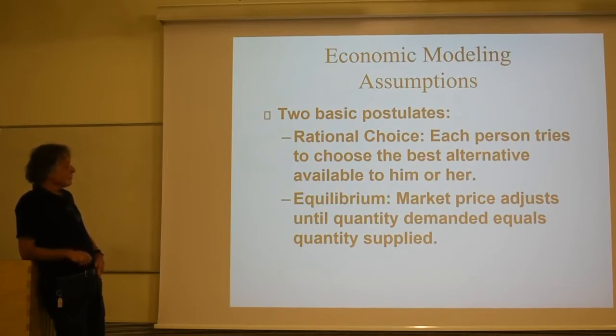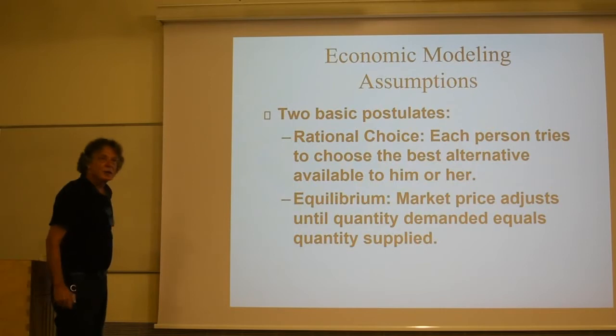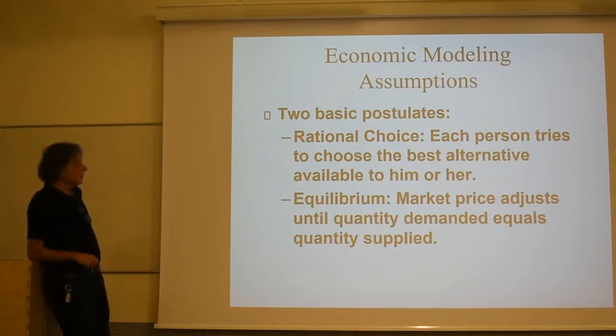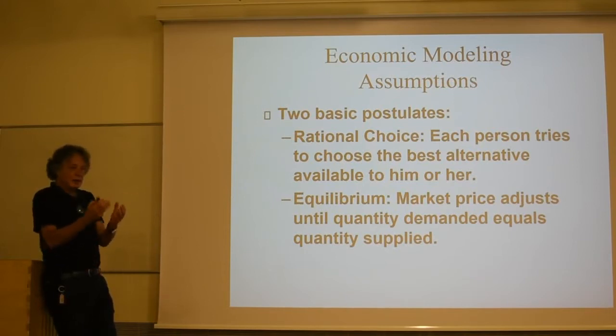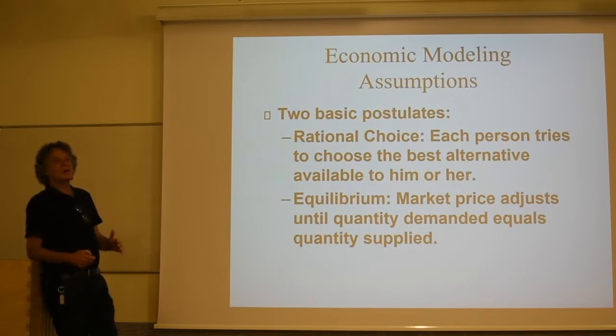Next, equilibrium. Market price adjusts until quantity demanded equals quantity supplied. On that topic, you talked quite a bit about that in your Eco 108, I'm sure, but let me say the following. We assume that market prices are flexible enough and change in such a way that eventually supply equals demand.